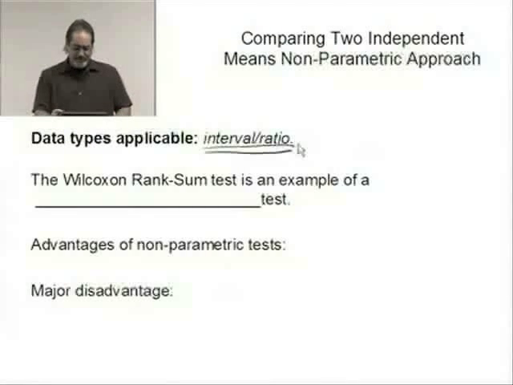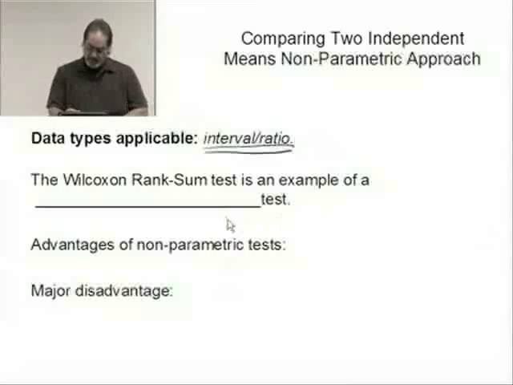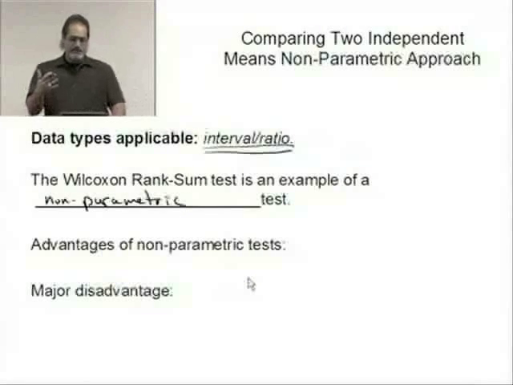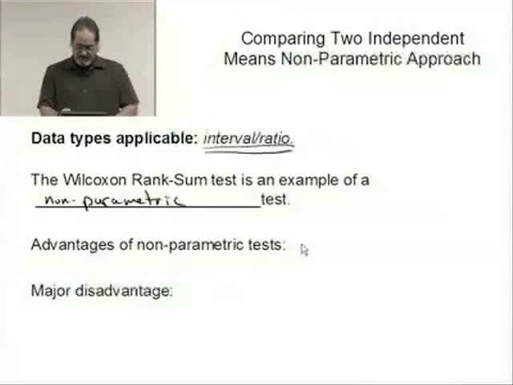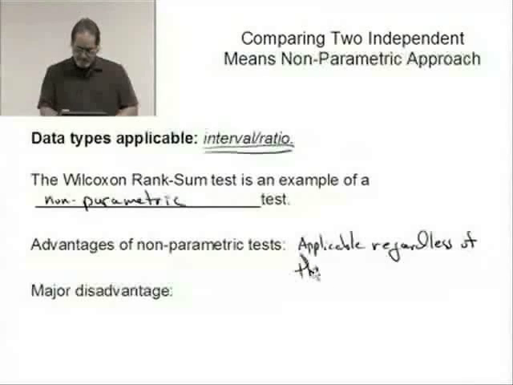Now, the Wilcoxon rank sum is an example of, once again, a non-parametric test. And as you recall, one of the biggest strengths of non-parametric tests is that they're applicable regardless of the distribution.